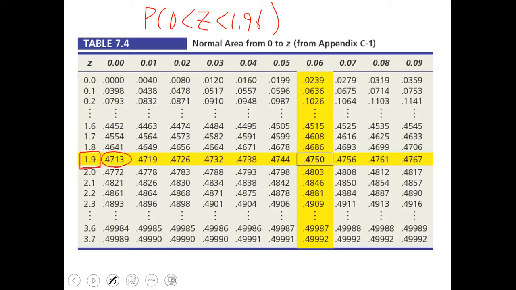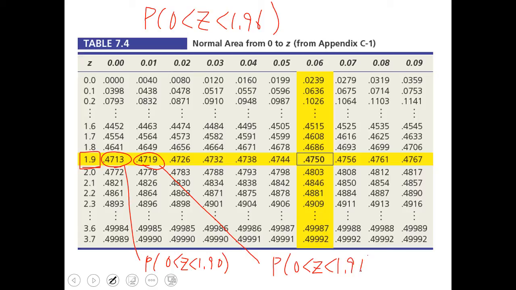This number is the probability that z is between 0 and 1.90. This number is the probability that z is between 0 and 1.91.